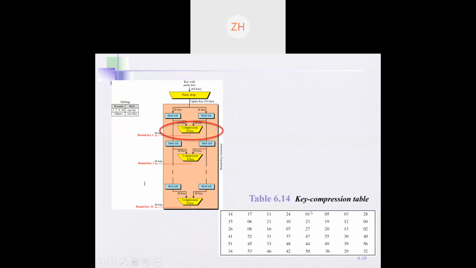So bit 1 is here. Where's bit 2? Can anyone find it? Can you find bit 2? It is in the first column on the right, third row. Yeah, bit 2 is here. Bit 3? Bit 4?